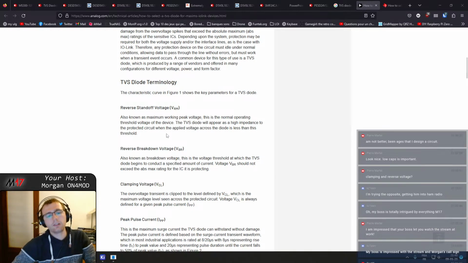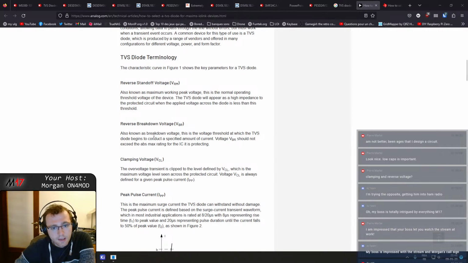Yeah, okay, so this is indeed the voltage at which we can use it. Then we have the reverse breakdown voltage. Yeah, so indeed, as in a diode, breakdown is when you reverse polarize a diode and then it starts conducting. So yeah, that's what they are saying indeed, also known as the breakdown voltage. This is the voltage threshold at which the TVS diode begins to conduct a specified amount of current. Voltage breakdown should not exceed the absolute maximum rating for the IC it is protecting.